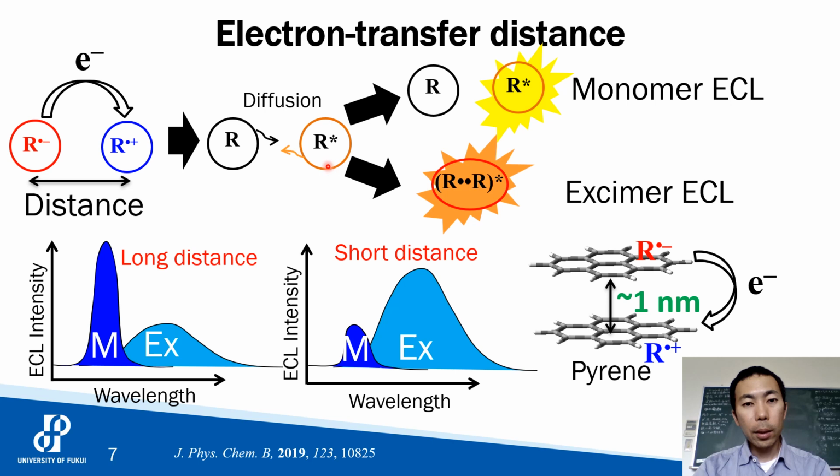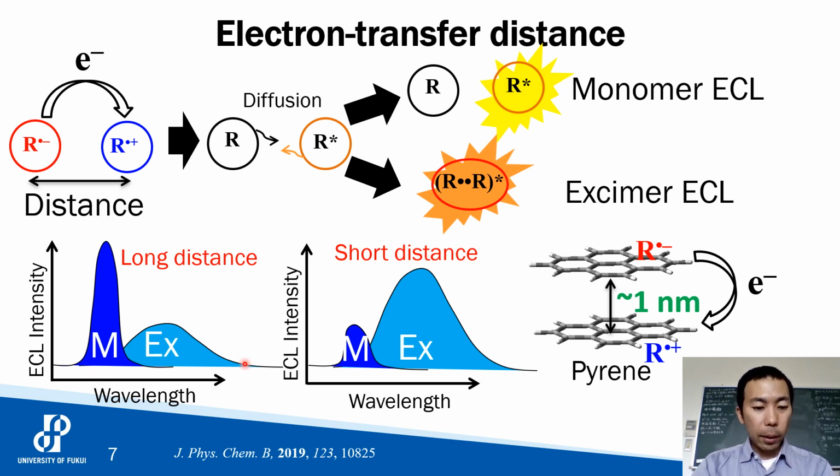But these excited state and ground state molecules will diffuse, and for some molecules, an excimer state will be formed. The emission wavelength of the excimer appears at longer wavelengths compared to that of the monomer emission.